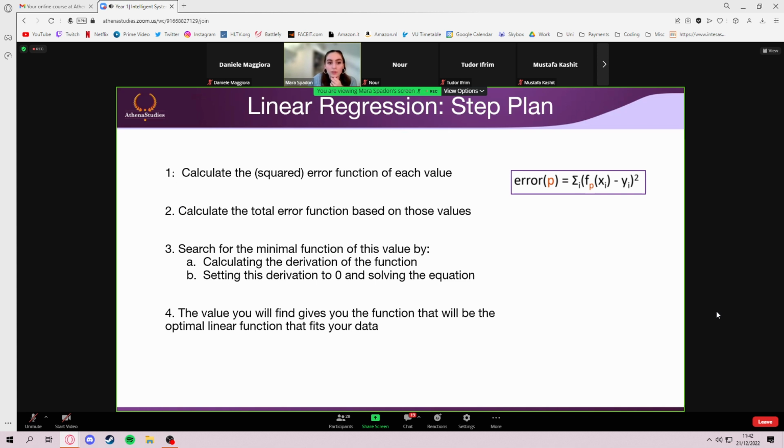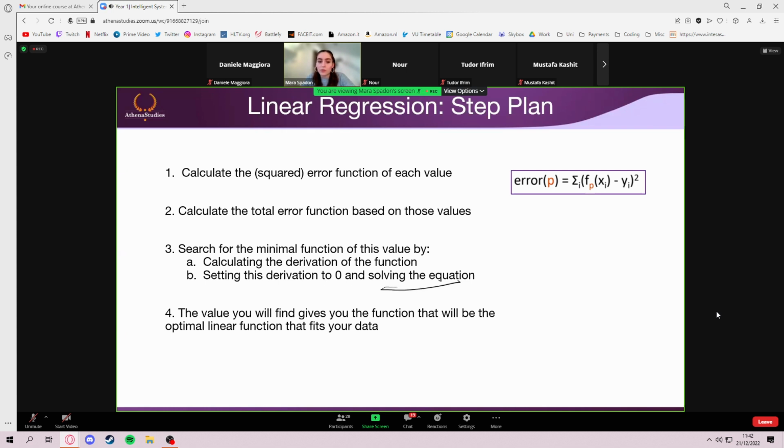So the first step is to calculate the error value based on each value. So that's what we did before. Then we want to calculate the total error function based on those values. So you just sum them up. The third step is to search for this minimal function or like this optimal linear function. And you do this by calculating the derivative of the function and setting this equal to 0.